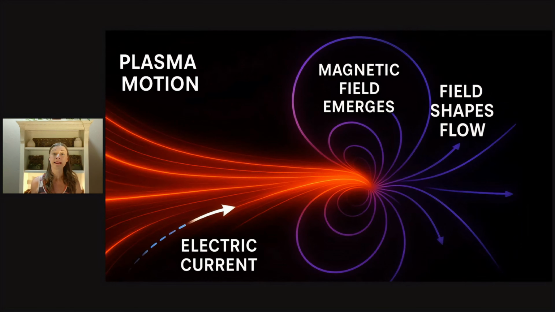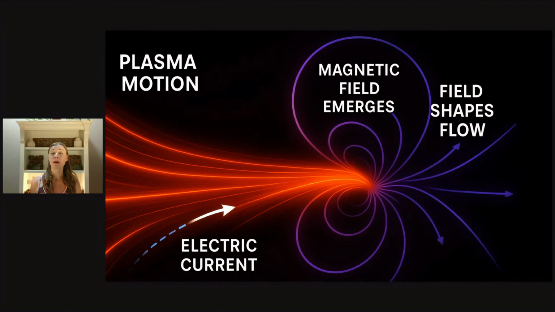This effect might sound a lot like the pinch effect, and they are related, but here is the difference. The pinch effect is like a sudden storm, narrow, intense, and focused. Magnetohydrodynamics, or MHD, is the full weather system.